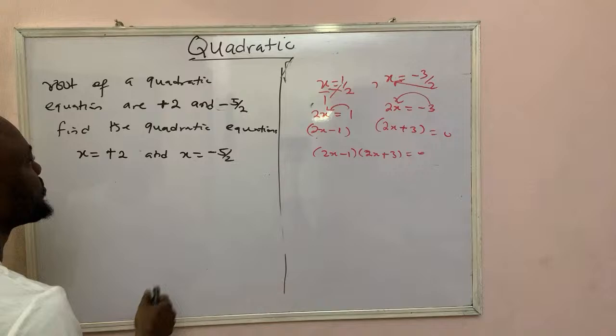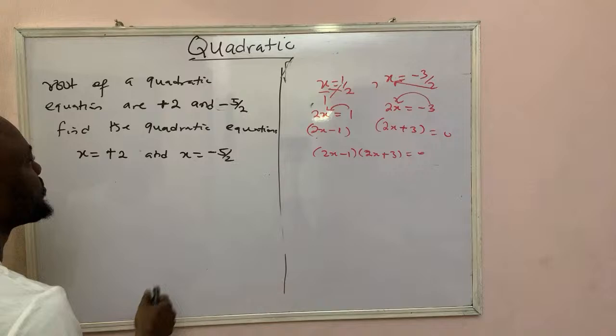Minus 2 times 2x will give me minus 4x. Minus 2 times plus 5 will give me minus 10 equals 0. Then we tidy up the equation. We can see that these and these are like terms. So finally, we have 2x to the power of 2, 5x minus 4x will give me plus x, then I have minus 10 equals 0.